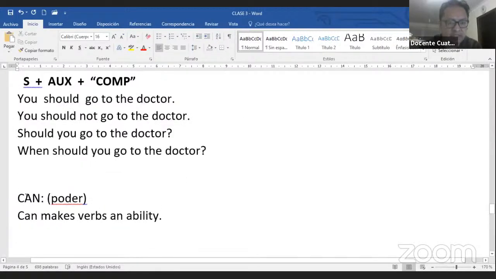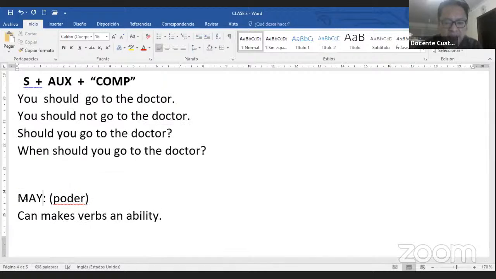Then we have, and this is very nice, may and might, but they are the same. Okay, you can use them in the same idea in sentences. What's the word in Spanish for them? Puede que.